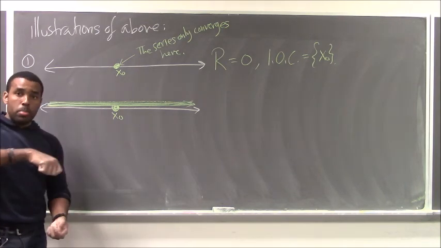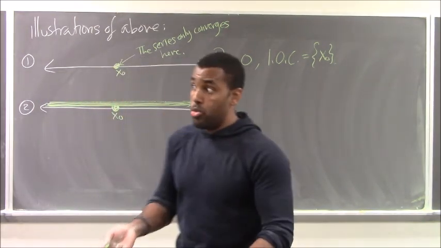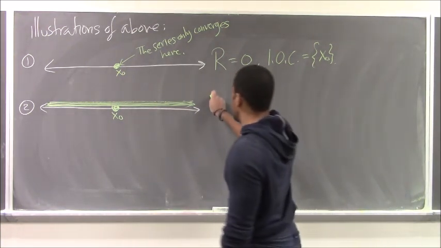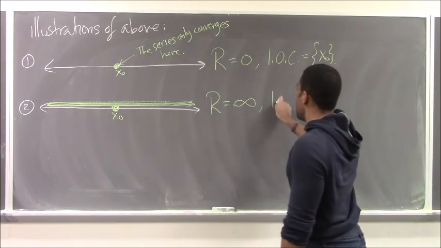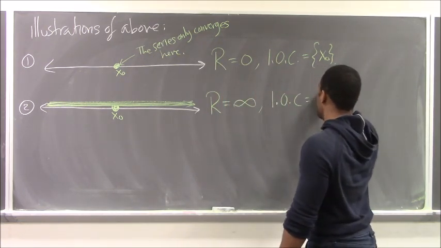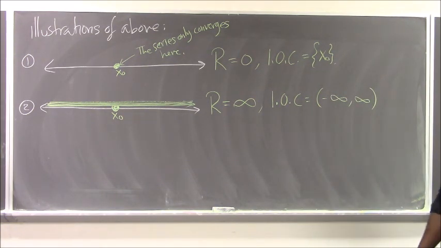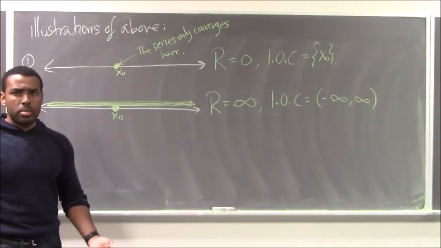If I plug it into the power series, I will get an infinite sum that's going to converge to a real number, a meaningful answer, right? So one way to express this is to say that your radius of convergence is infinite, and your interval of convergence is, well, the entire real line, minus infinity to infinity. So I can plug in any x value in the power series, it's going to make sense when I add it up.